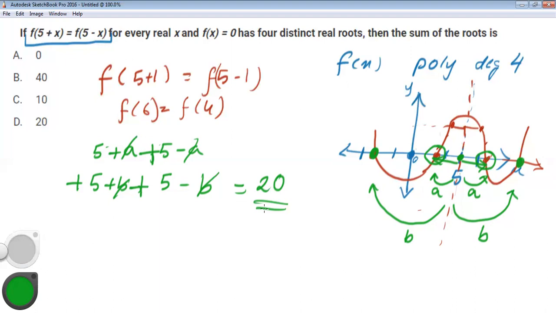This question is actually among the easiest ones, if you have the grasp of functions and the idea of symmetry about the axis. If you just read and understand the problem, this is a good question. Without picking up your pen, you should directly write your answer, which is 20.